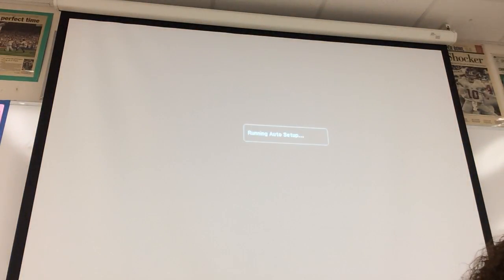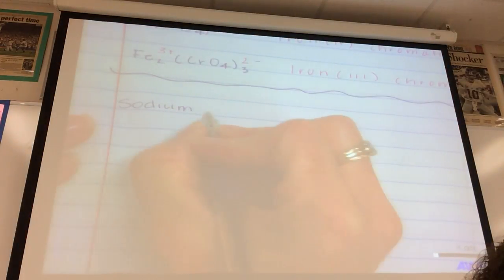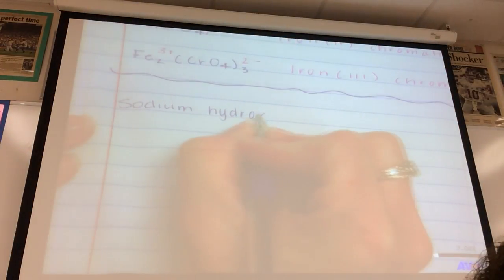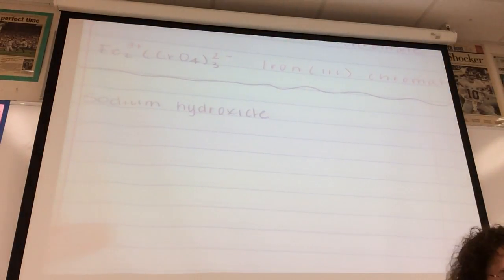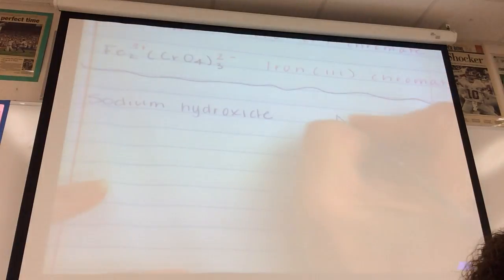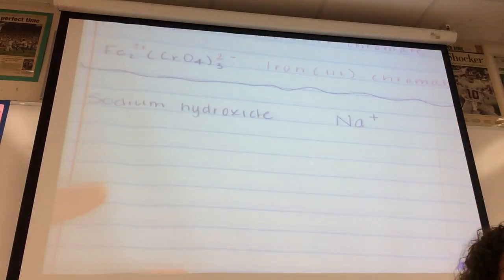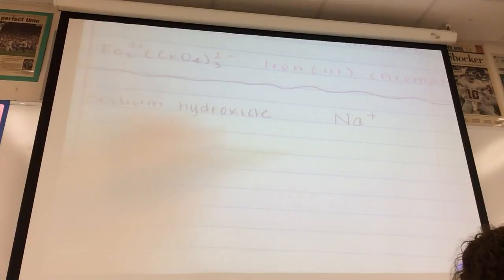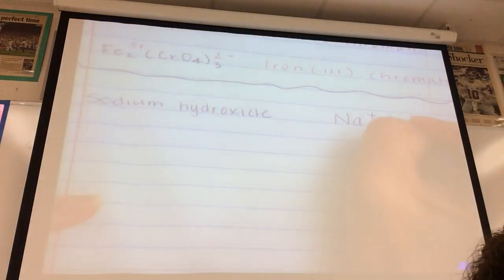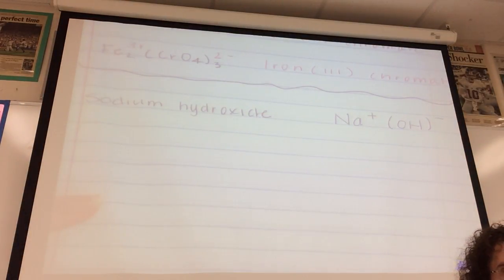All right. The first one is sodium hydroxide. Here's my approach. Sodium is a monatomic cation. It's in group 1, 1 plus charge. Nothing different there. We learned that on Monday. Hydroxide is a polyatomic. I put it in parentheses with its charge on the outside.